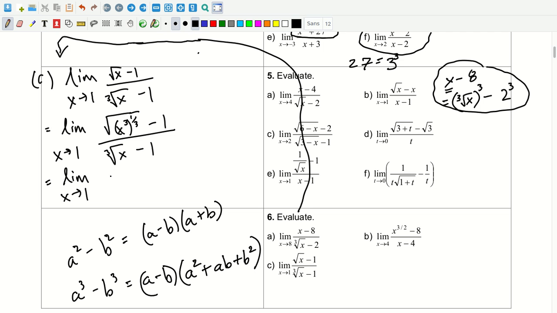What if I did x to the 2 over 3, minus 1? Is that better? Not really. That's not good. I don't think I can do that.